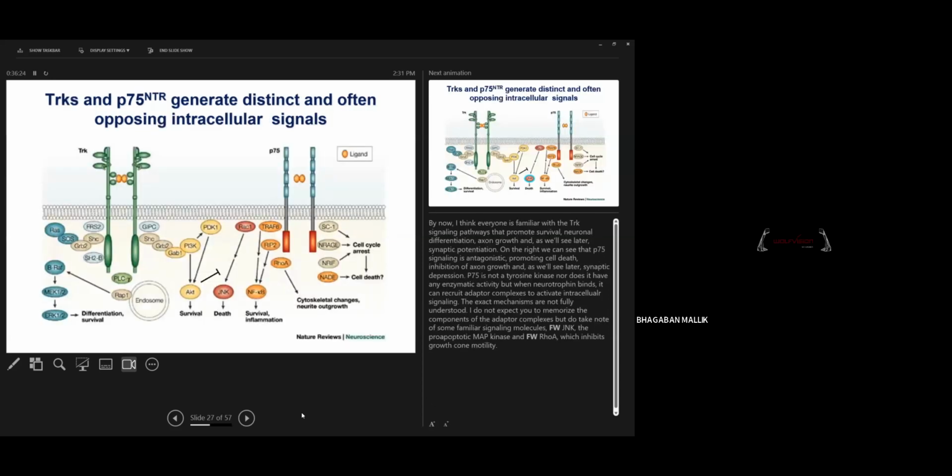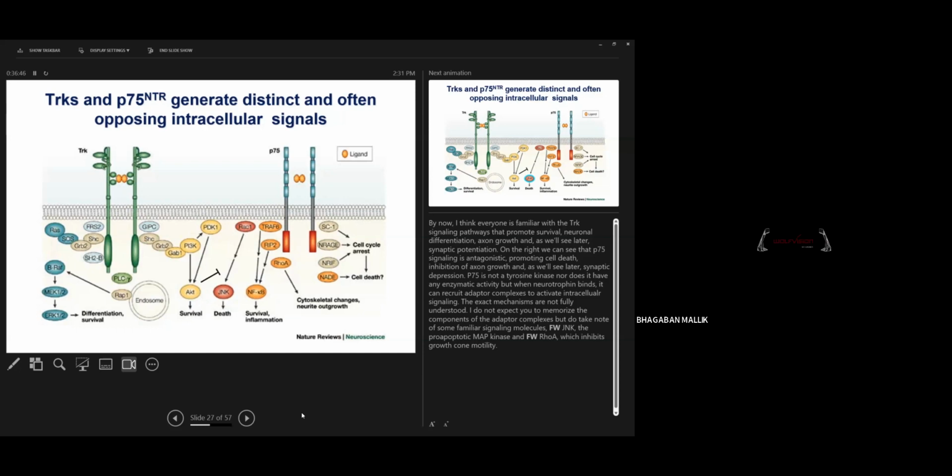Here it shows the different signaling cascades activated after binding of either pro-neurotrophins to P75NTR or mature neurotrophins to their receptors like TRKA, TRKB and TRKC. So here are the different signaling cascades recruited after binding to P75.